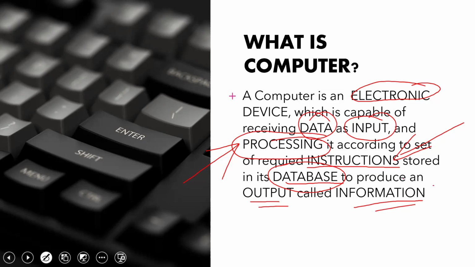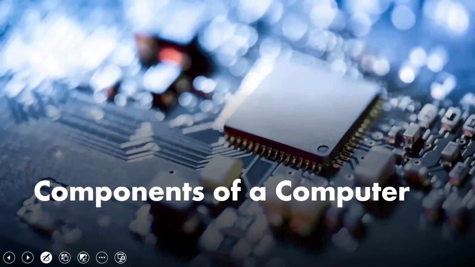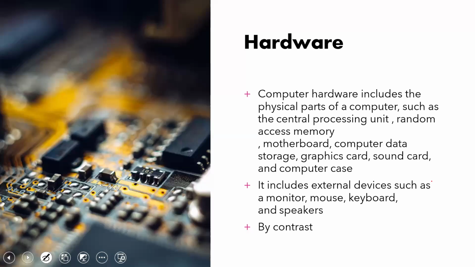Information in this case is processed data, or processed facts, that carries a meaningful idea. What are the components of a computer that we need to be looking at? A computer is made up of two things, basically hardware and software.